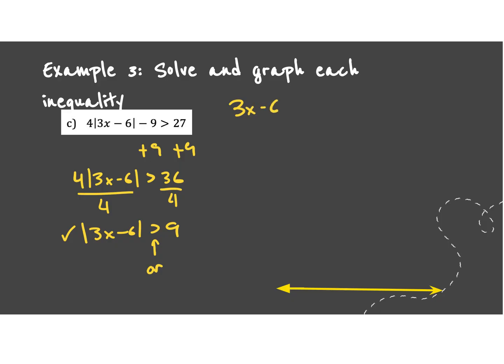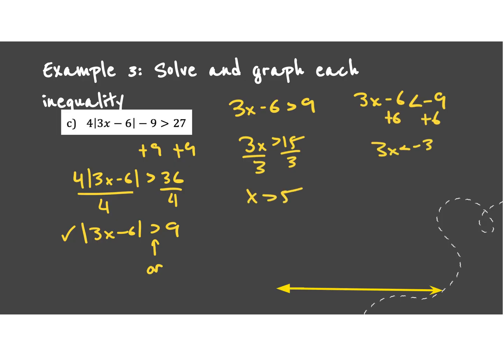So now I rewrite it: 3x minus 6 greater than 9, 3x minus 6 less than negative 9. So 3x is going to be greater than 15, x greater than 5. Over here, 3x less than negative 3, x less than negative 1.